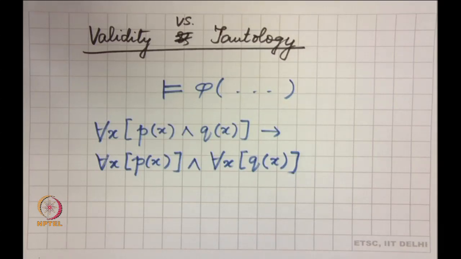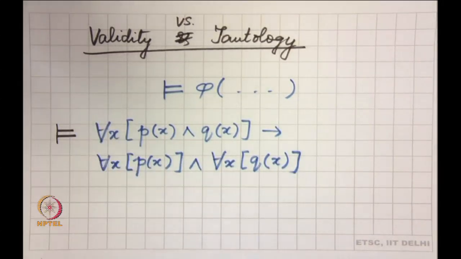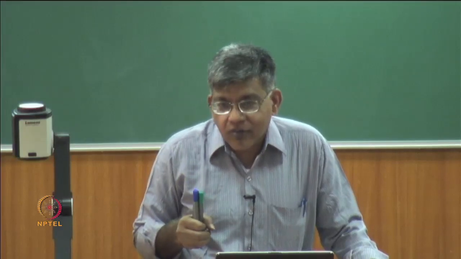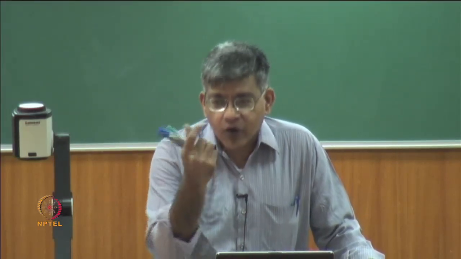Okay. So, this is a valid formula, but it is not a tautology. It is not a tautology because the notion of a tautology essentially comes from propositional logic. And loosely speaking, what I had said before about a tautology was that it should have one of those tautological forms.